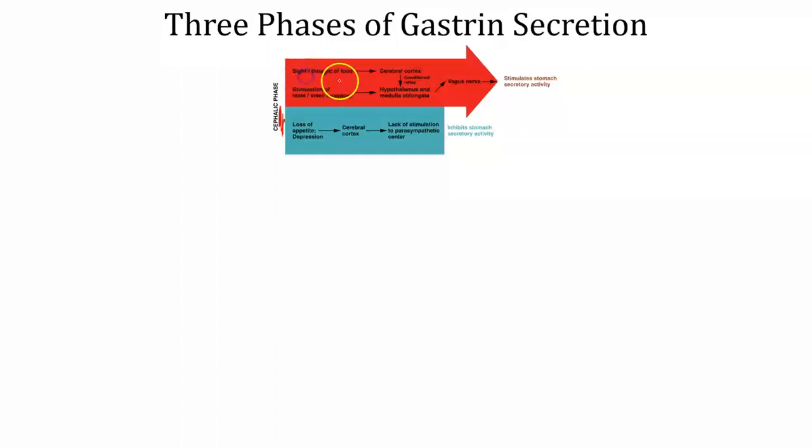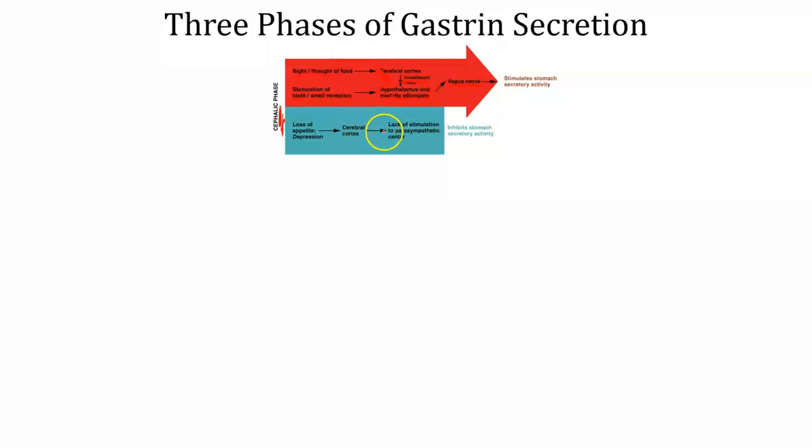If you see something that looks pleasing, or the thought of food, or you smell it, or you have maybe even a small taste of it, these different perceived stimuli will ultimately land on the hypothalamus and the medulla oblongata, and via the vagus nerve will cause the stomach to start making gastrin. And when gastrin is made, things like acid are produced and the stomach starts to churn.